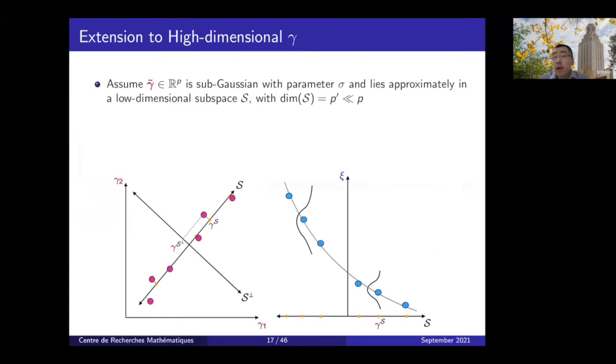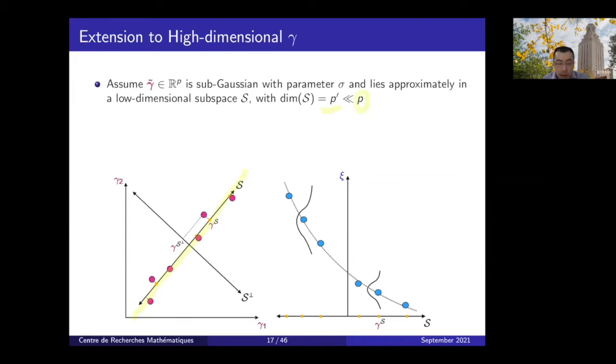In many real-world problems of practical interest, even though gamma originally lies in a high-dimensional ambient space, it may actually have an intrinsic dimensionality which is much smaller. To take this into consideration, for our analysis, we consider the setting where the side information vector gamma is drawn from a sub-Gaussian probability distribution and lies approximately in a lower dimensional subspace S, where the dimension is given by P prime and is smaller than the original dimension P.